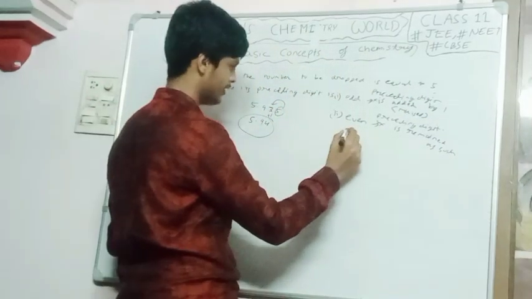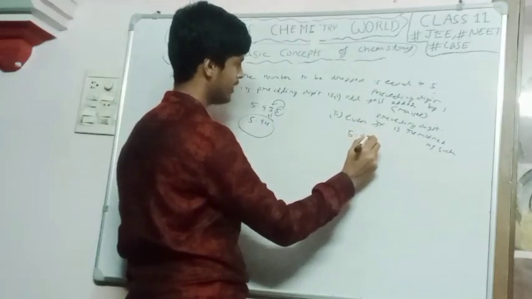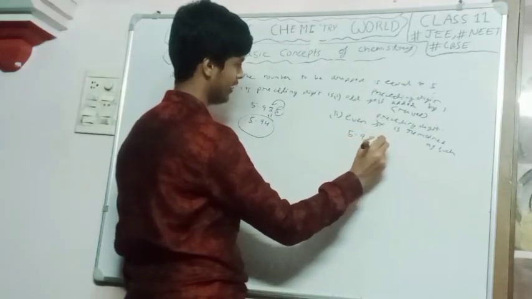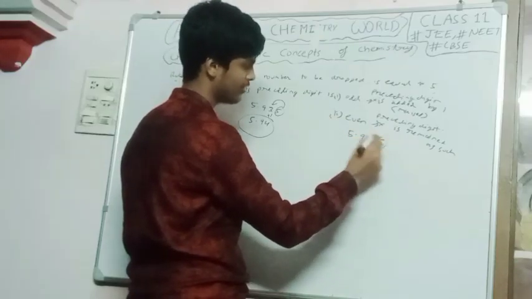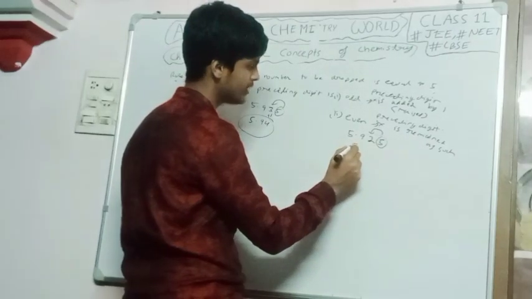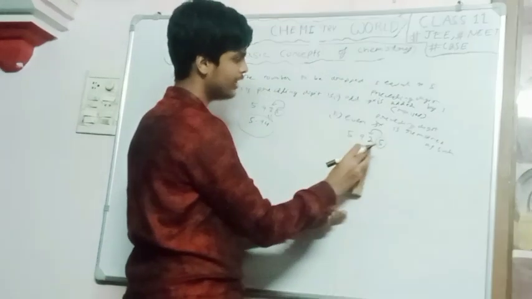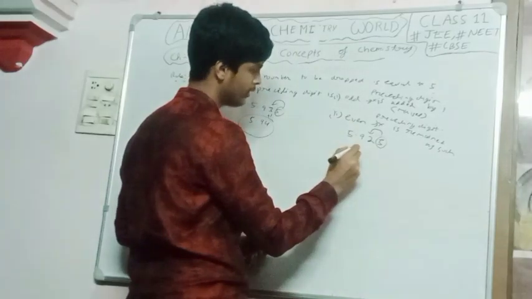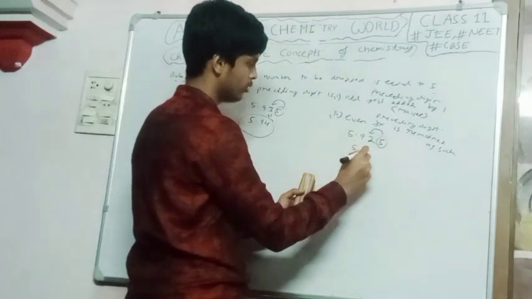Yeah, even. If it is even, like 5.925, if the number to be dropped is 5 and its preceding digit is even, then the number is retained as such. Means we need to make this as 0. If we are dropping any value, we need to make that as 0. Remember that. 5.90, so 5.92. That's it.